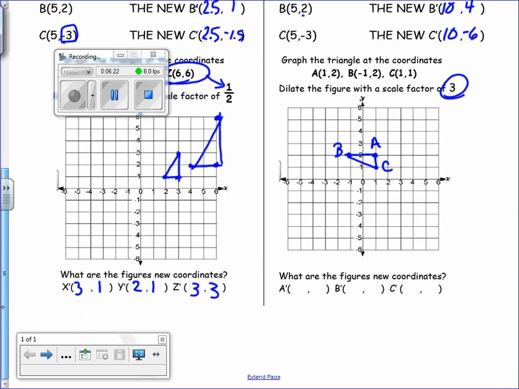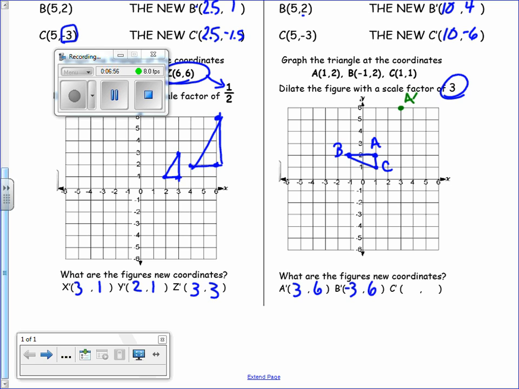So now we want to go ahead and use a scale factor again of 3. Okay, so 1 times 3, that's 3. 2 times 3 is 6. So A prime is going to be, I'm going to use a different color so we can see, over 3 up 6. And I'll label that A prime. B prime: negative 1, 2. Negative 1 times 3 is going to be negative 3. 2 times 3 is going to be 6.